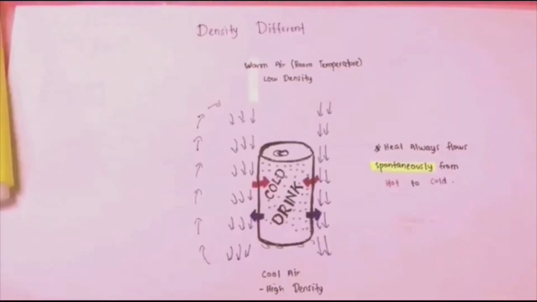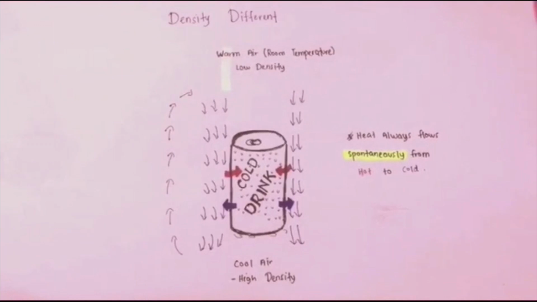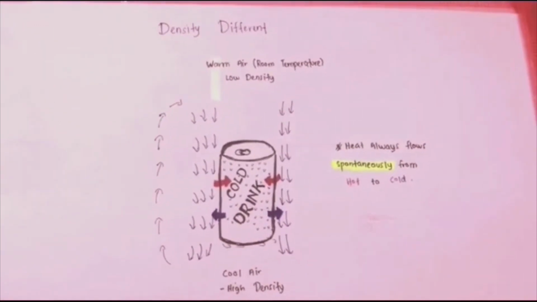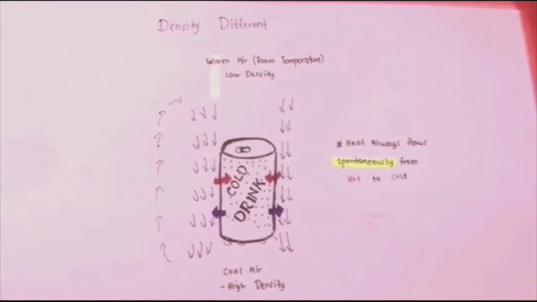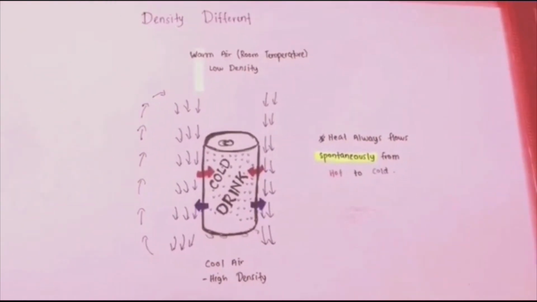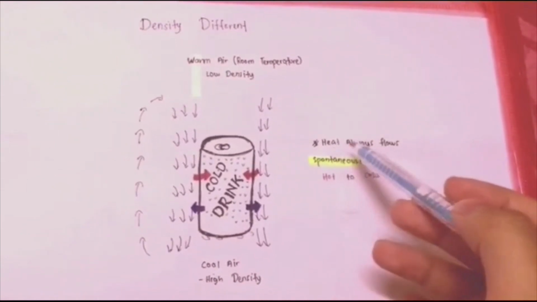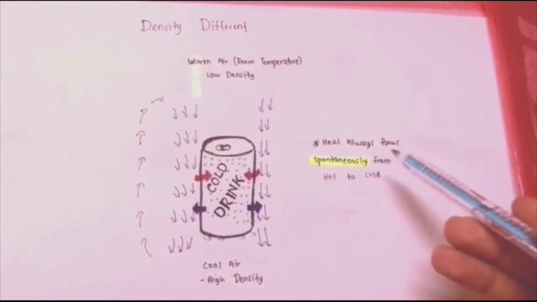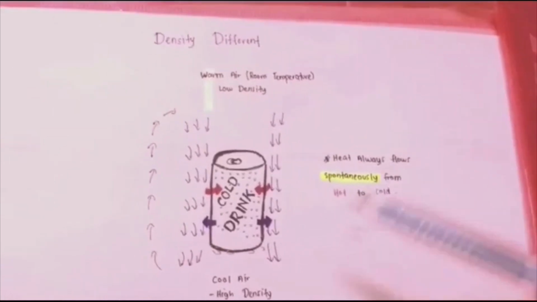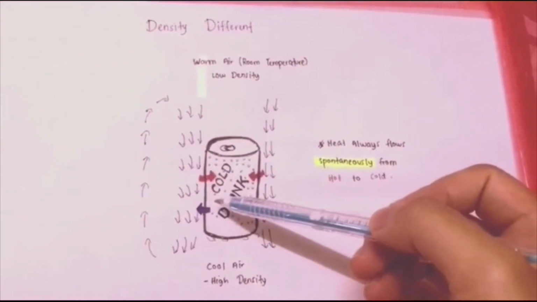Okay, next we will talk about the difference in density that occurs in natural convection. Even though we know that low density will rise and high density will sink, for this case, as heat always flows spontaneously from hot to cold, the warm air will flow to the cold drink.